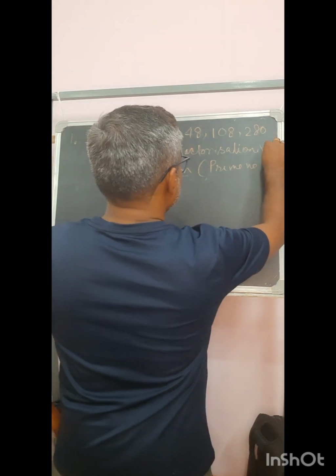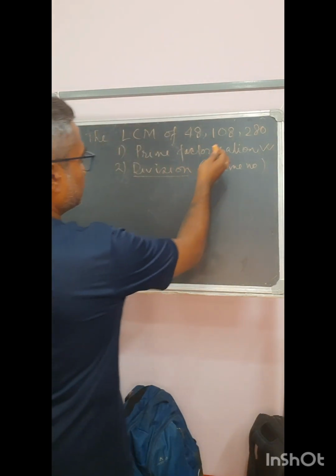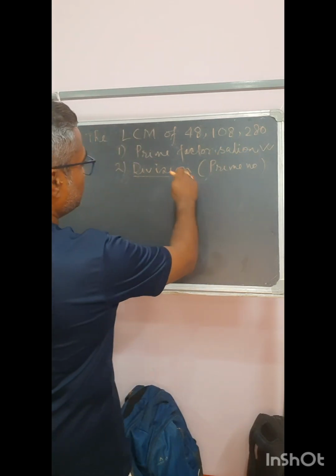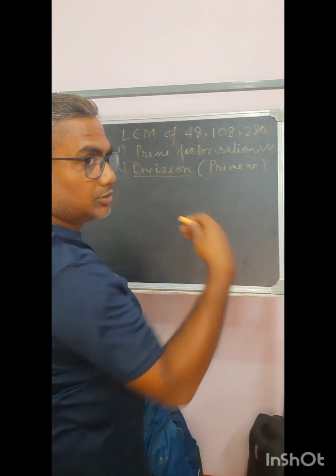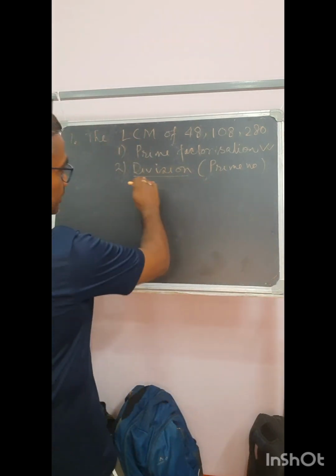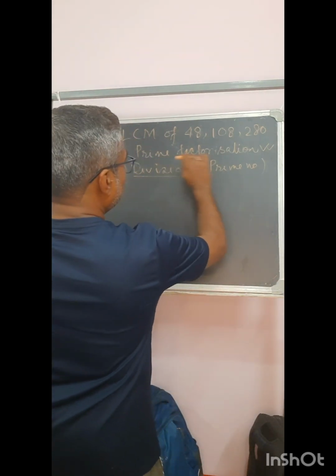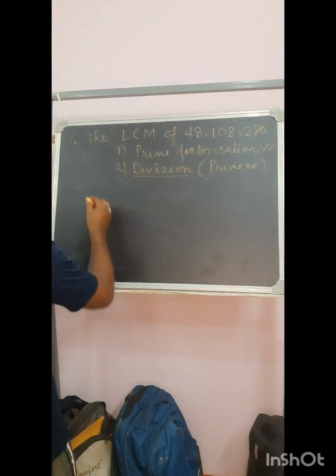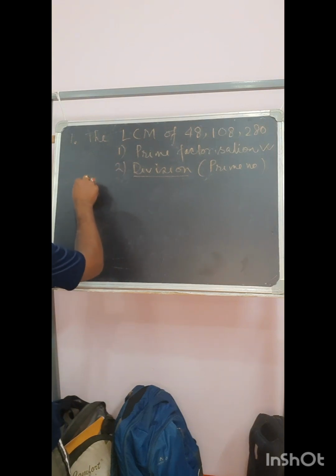Here the concept is a bit different, but in this case also I will calculate the cumulative factorization, here individual factorization. How will I do that? Let's start with the first process.